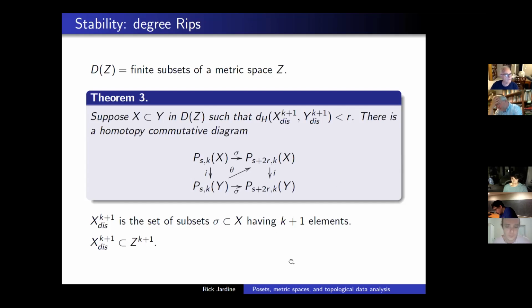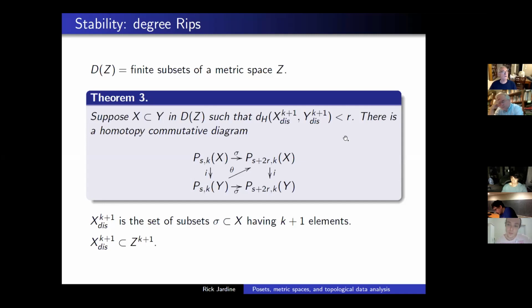So we have metric spaces, this one and this one, sitting inside the metric space given by the (k+1)-fold product of Z. And this is now a condition on the Hausdorff distance, meaning that every set of k+1 distinct points in Y has a set of k+1 distinct points in X which is close to it, okay?